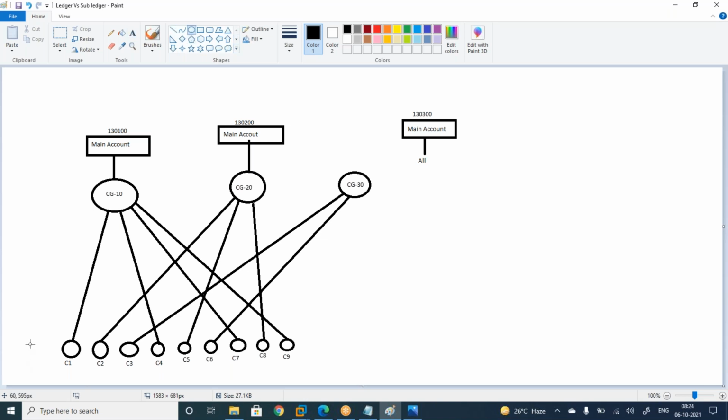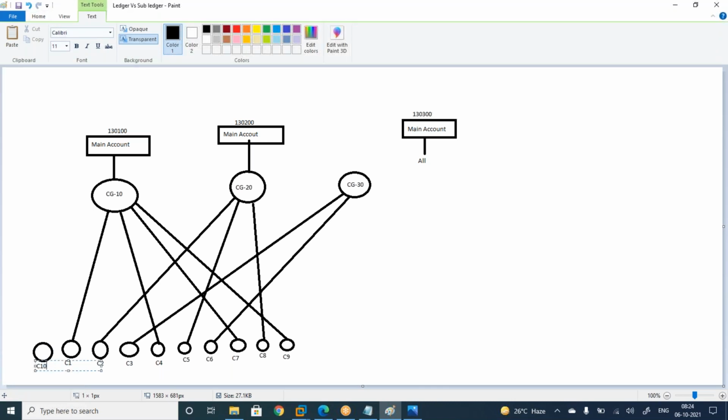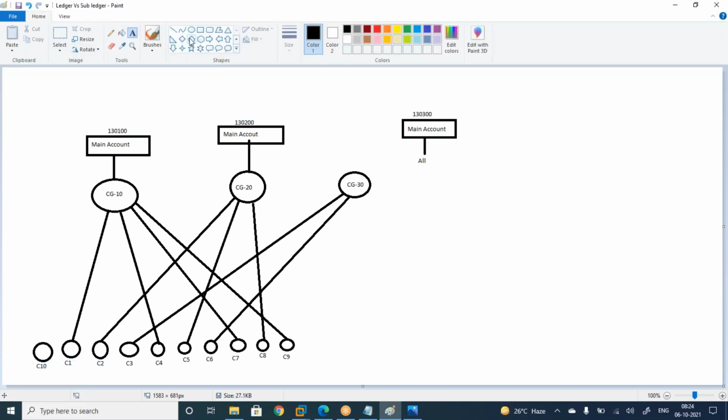Suppose customer 10 is mapped with a group, of course, but it can be mapped directly to a main account also. I can map one main account directly.